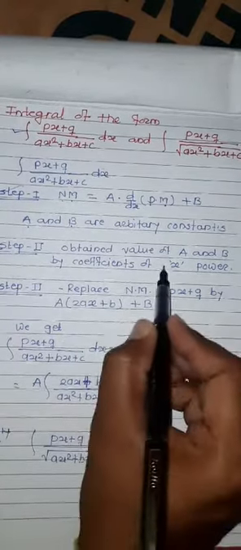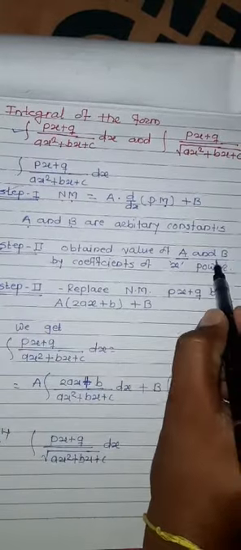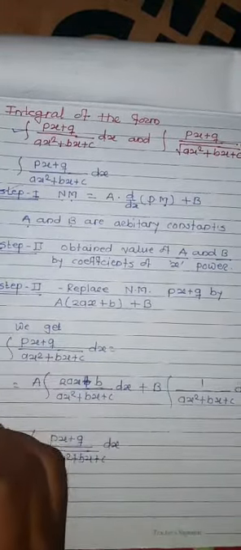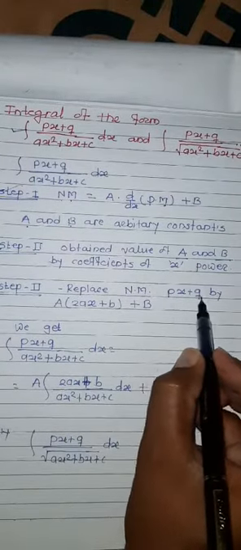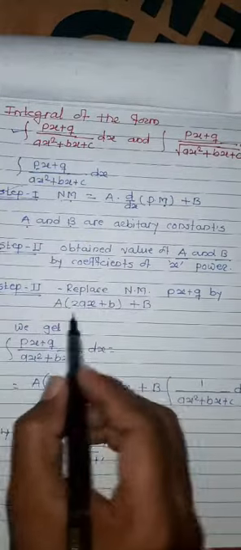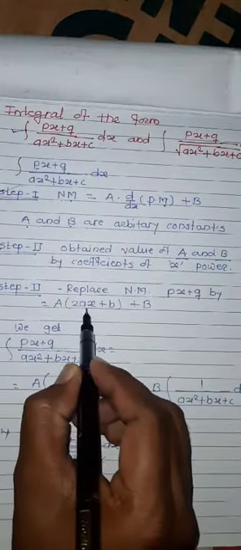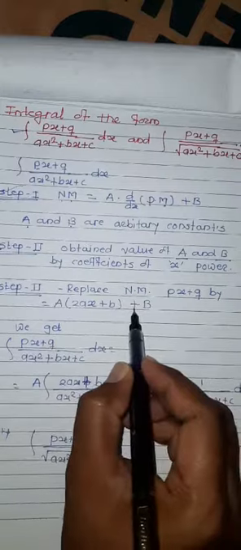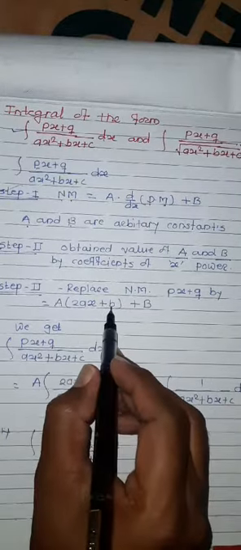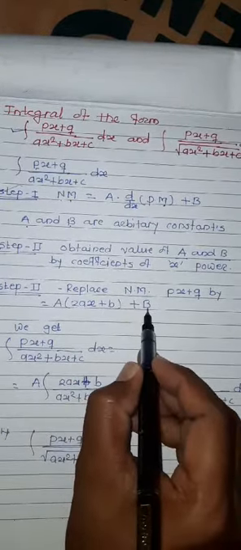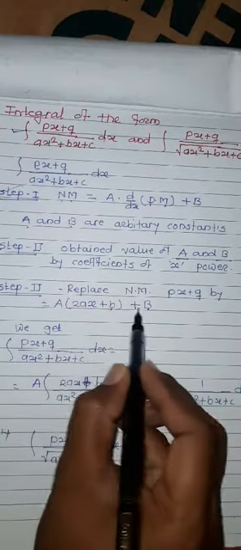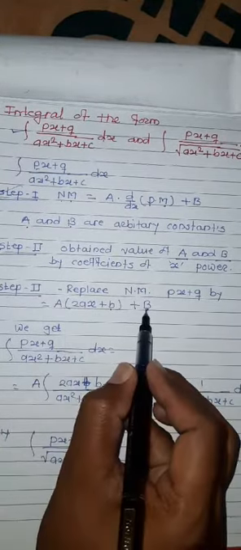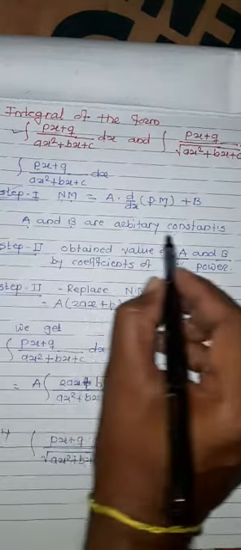After obtaining the values of A and B, we take the third step. Replace the numerator px + q by A times (2ax + b) plus capital B. Here A and B are the obtained values, and capital A and capital B are arbitrary constants.